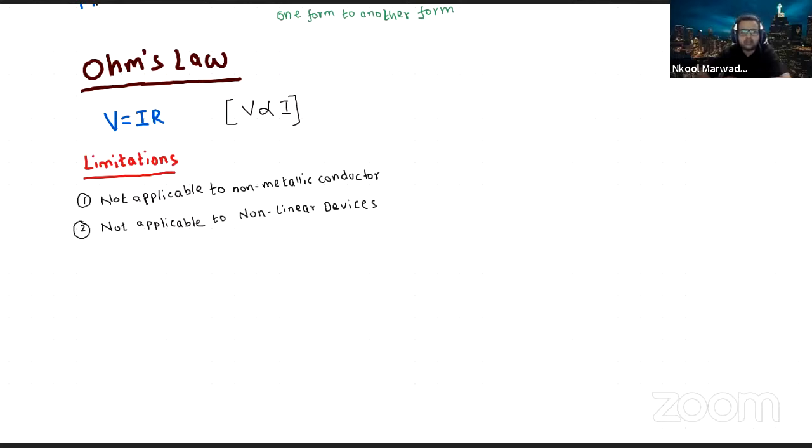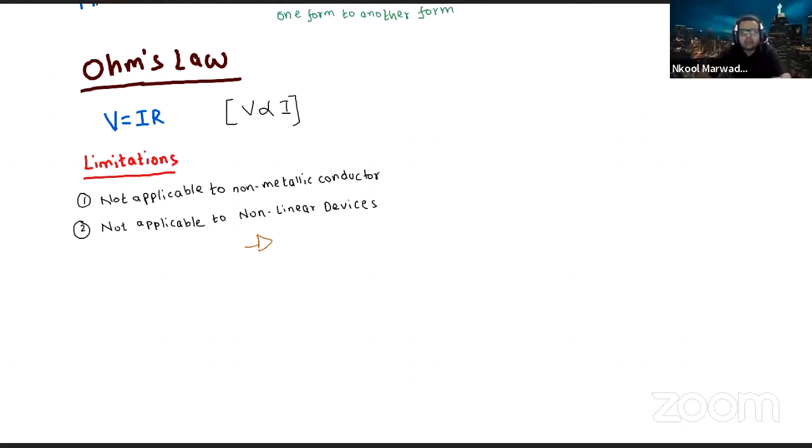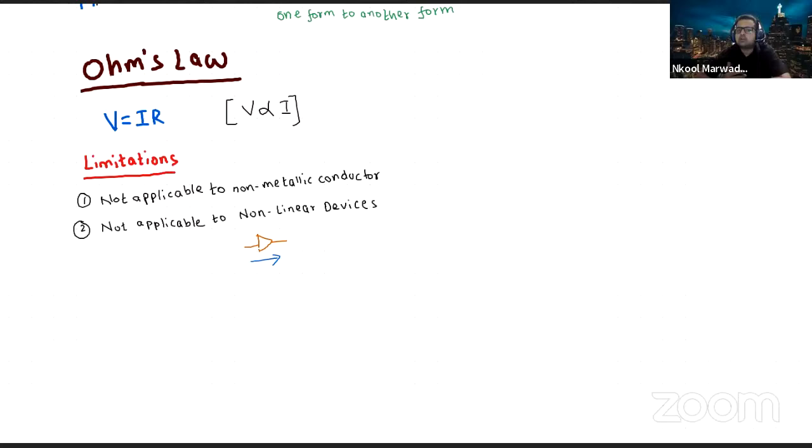Meaning to say that if I have a diode, something like this device, if current flows in this direction, then it will behave one way, and if current flows in the opposite direction, it behaves differently.